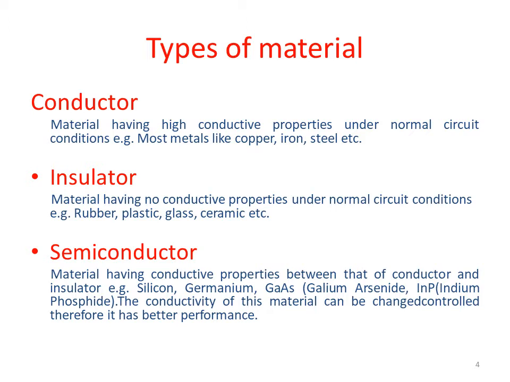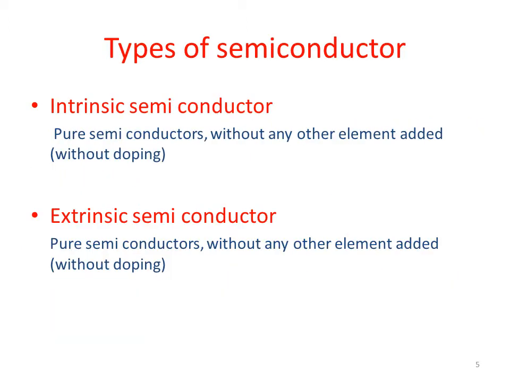Now let us see what the different types of semiconductor materials are. You have heard that we can add elements of different groups into the original semiconductor material. So if you have any semiconductor material, for example silicon, into which no other element has been added, then that semiconductor material is called an intrinsic semiconductor.